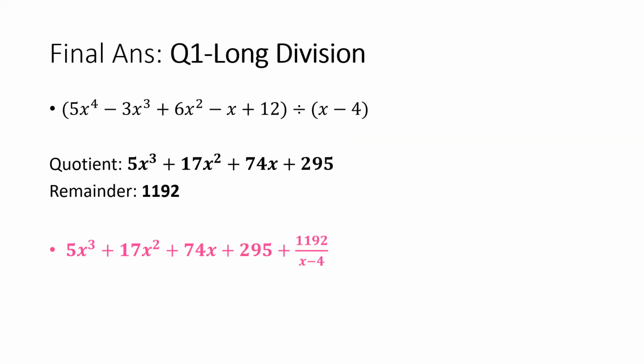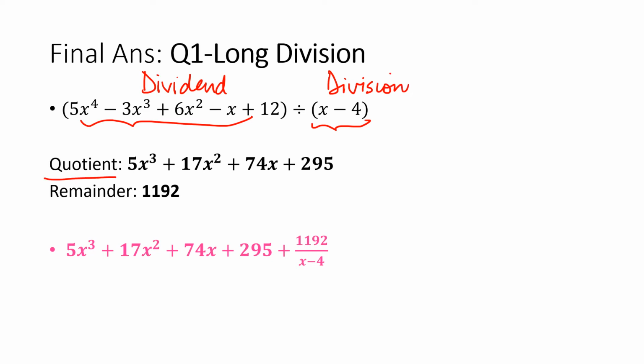Okay, so let's summarize the final answer of question 1 now. So this was given to you as the dividend. This was the divisor. And when you perform the long division, you got the quotient as 5x cubed plus 17x squared plus 74x plus 295, as we saw on the last slide, and the remainder came out to be this.